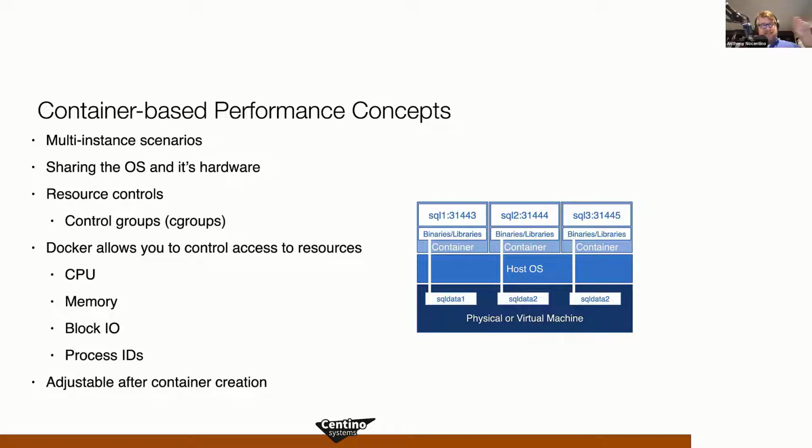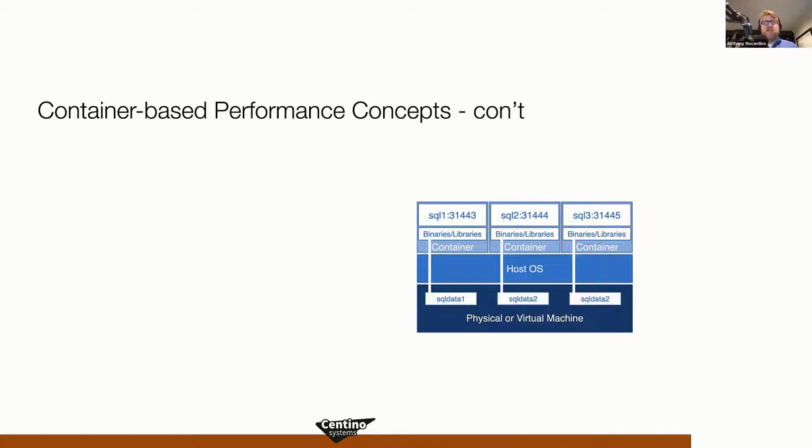I start this container, it looks like this, but I can adjust these after the container creation, which you'll see in our upcoming demos. Super deep topic here. I'm going to go over it in some detail, but not crazy detail. Here's a link if you want to dive into much more detail about how this all works under the hood. We're going to focus on how this works and applies to SQL Server in this session.